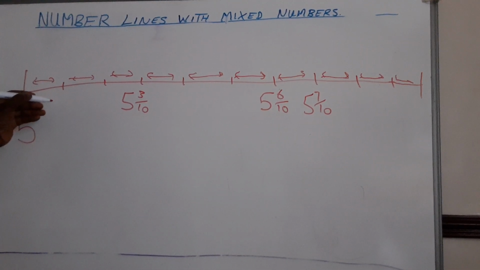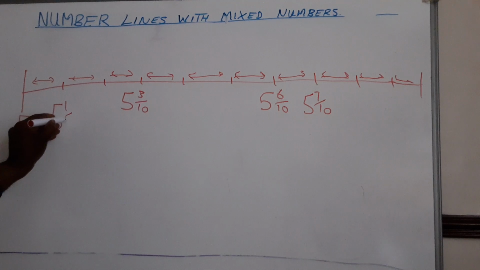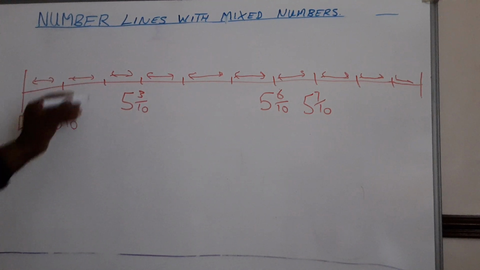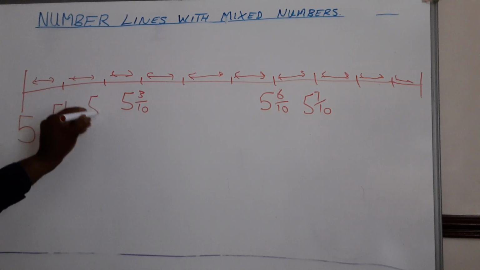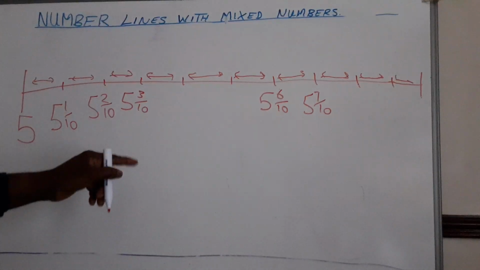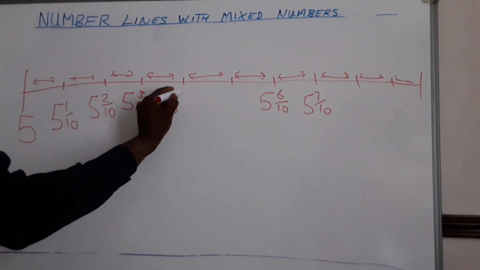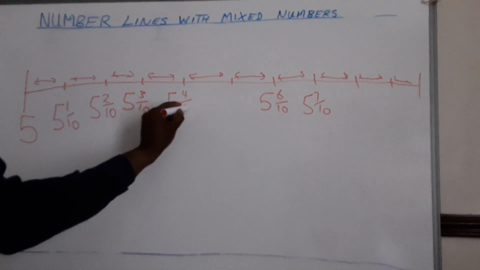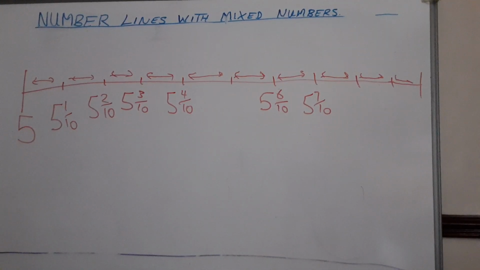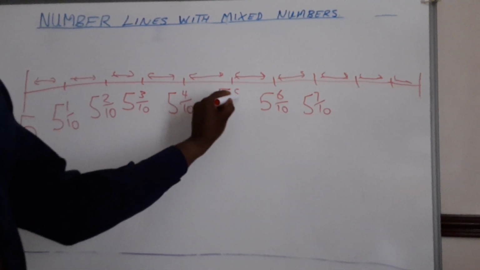So our next number when we complete is going to be, we bring our 5 whole here, it's going to be 5 and 1/10. And the next one is going to be 5 and 2/10. We have the 3 tenths here, so the next one is going to be 5 and 4 tenths. Then the next one is going to be 5 and 5 tenths.